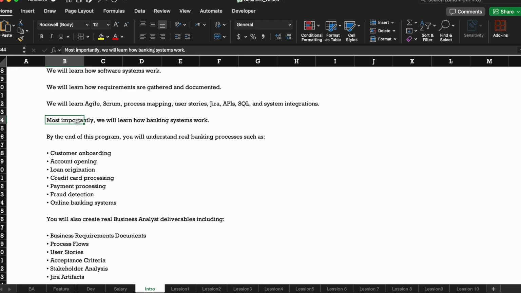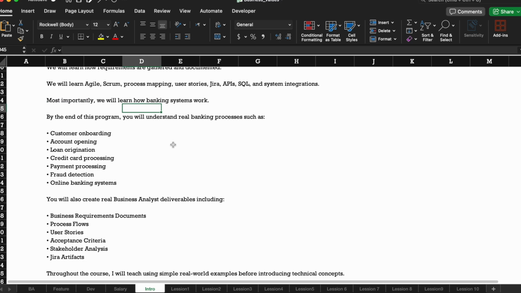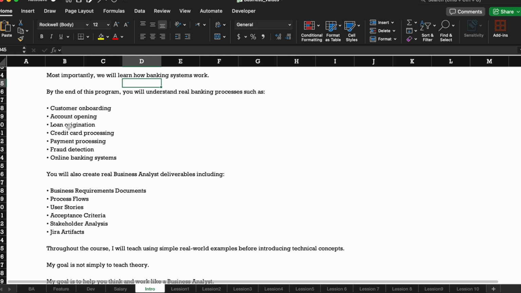So we will help banks develop software using our business analysis. Okay, so by the end of this program, you'll understand real banking projects, like customer onboarding, account opening, loan origination, credit card processing, payment processing, fraud detection, and online banking systems. Your takeaway at the end of this program is that you will use use cases from these scenarios so that you can clearly understand the concepts we are going to discuss.